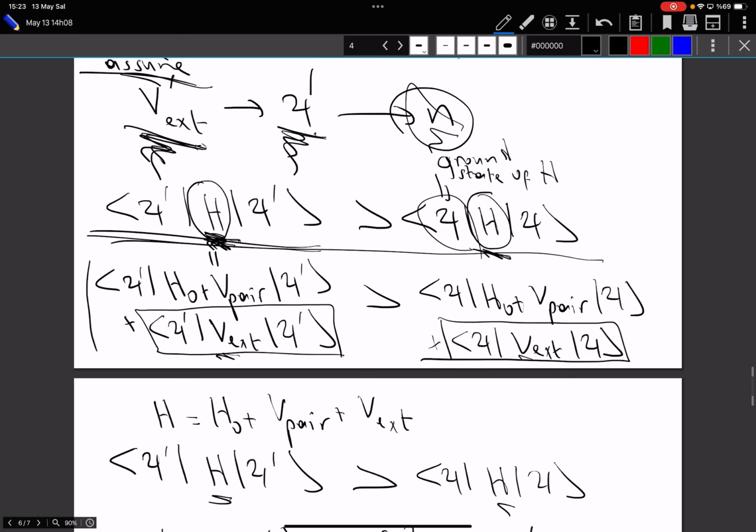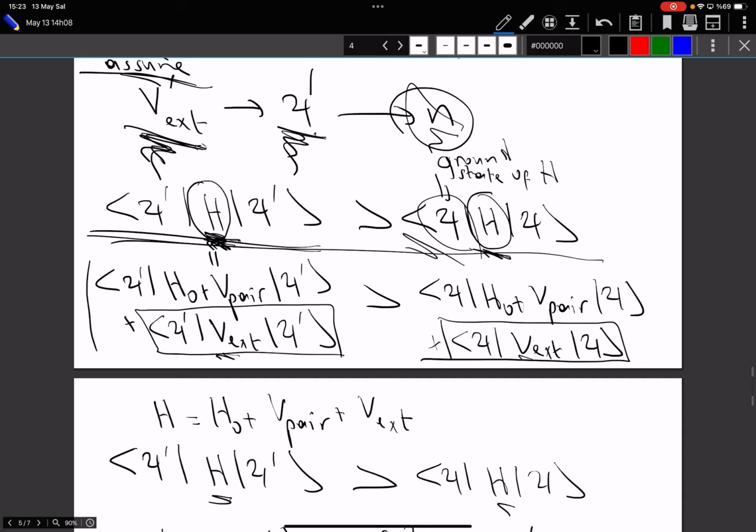I have a system that is described by a Hamiltonian H of n electrons. There is this wave function psi prime of n electrons. I look at the matrix element of H in the psi prime state. I definitely know that this is larger than the matrix element of H in the ground state, the psi state.